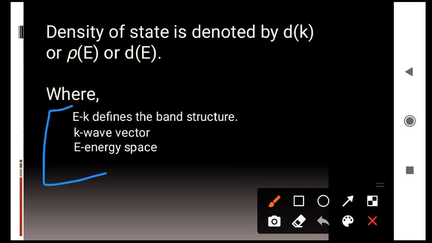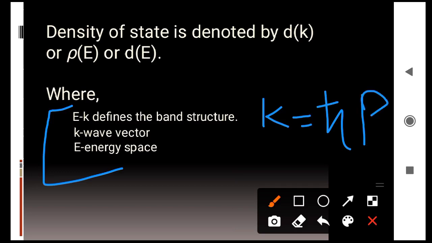E and K define the band structure, or you can say the E-K diagram. Here K is the wave vector and E is the energy, or you can say wave space, energy space. Wave vector is also known as propagation vector and it is related to momentum. These are all points of the E-K diagram. How is K related to P? K is equal to P over h-bar. Okay.